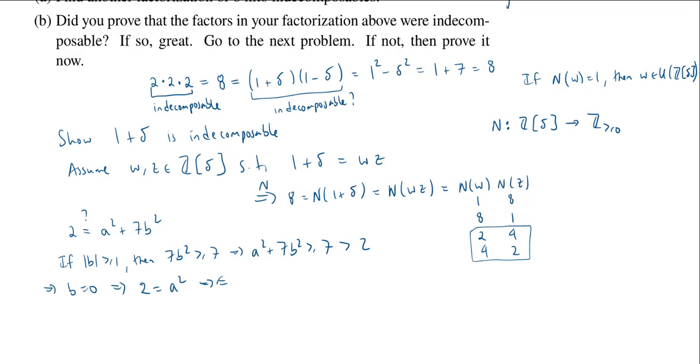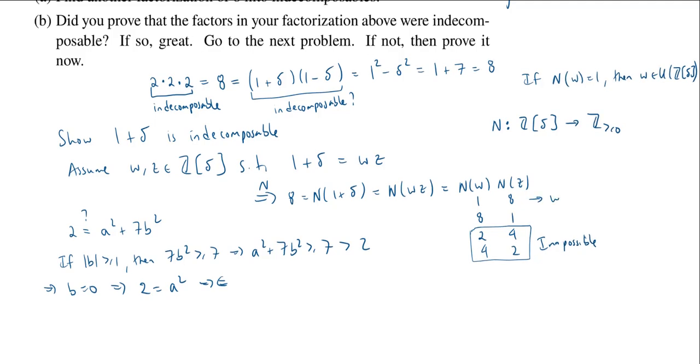This is a contradiction. So it is not possible for 2 to be the norm of any Z[delta] element, which means neither of these is possible, right? Both would assume you have something with norm 2. So these are both impossible. So we conclude we must be in one of these other two cases, in which case we have a unit, right?